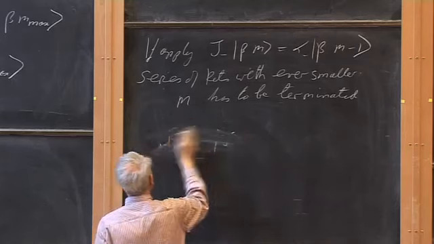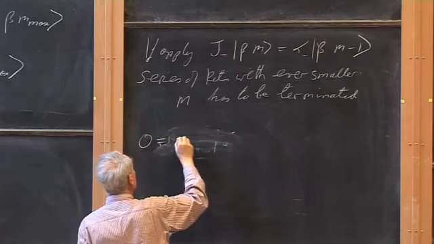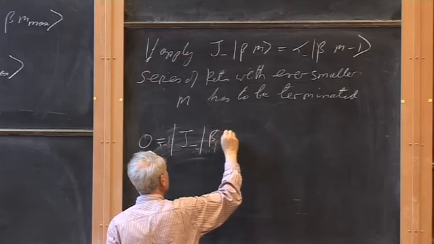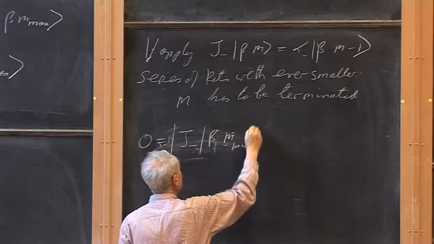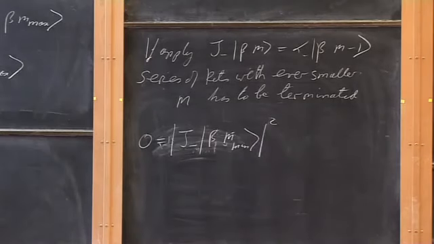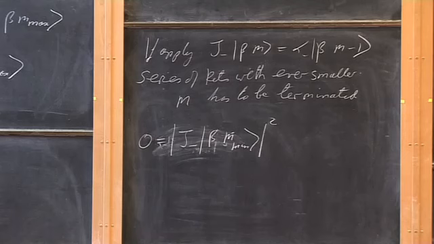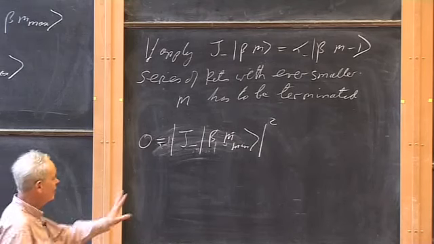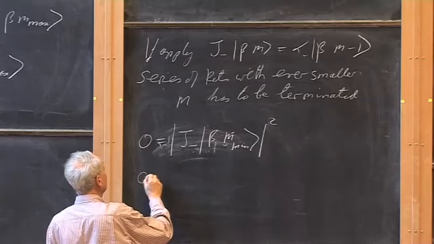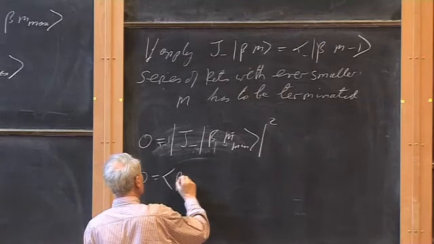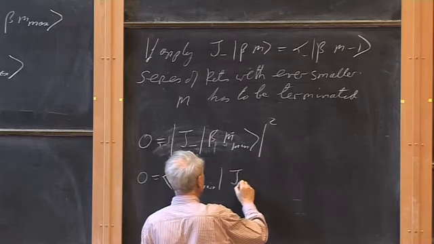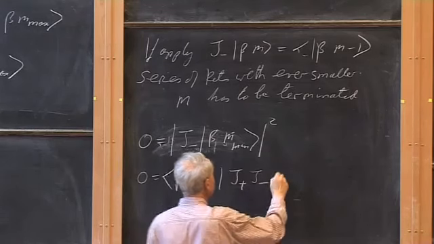I should say that nothing has to equal the mod square of J minus applied to beta M min. And when we expand that out, there'll be other things happening here. And so in other words, nothing is going to be beta M min J plus J minus beta M min.